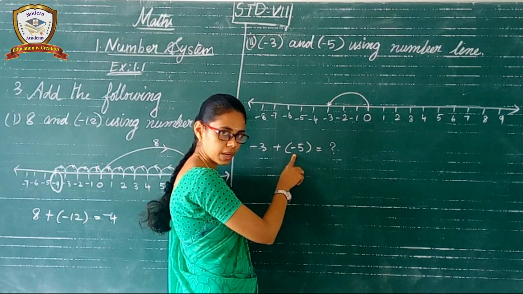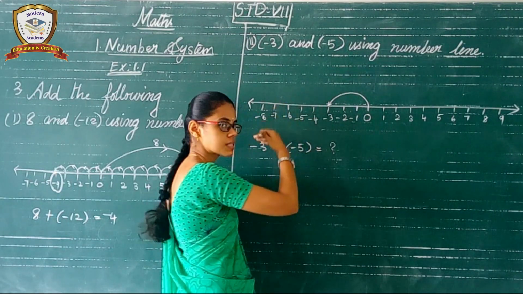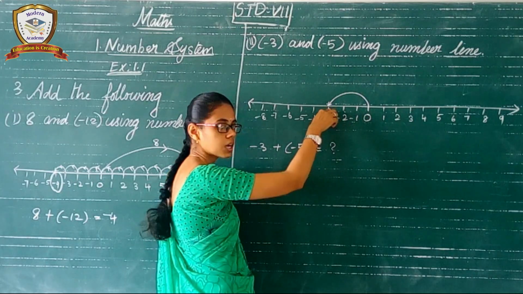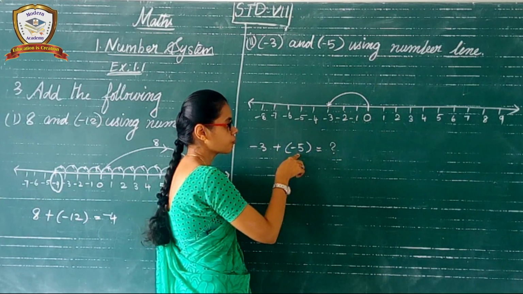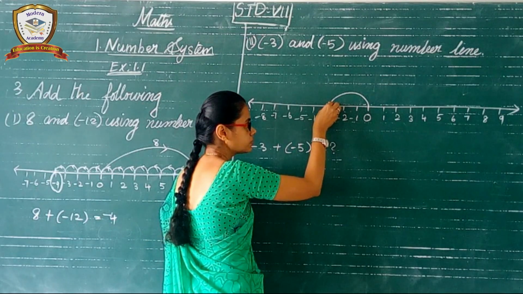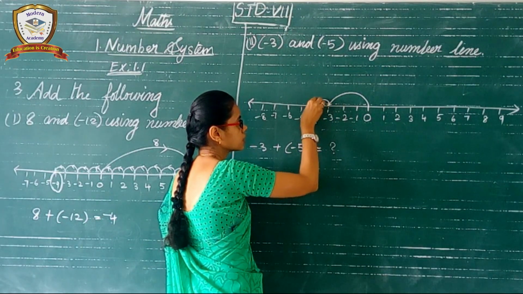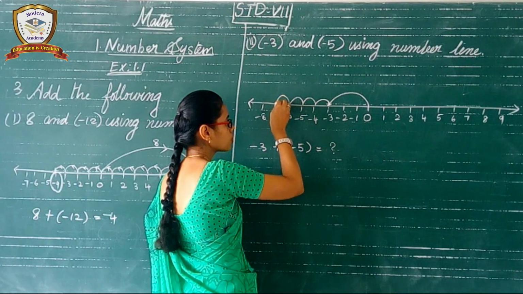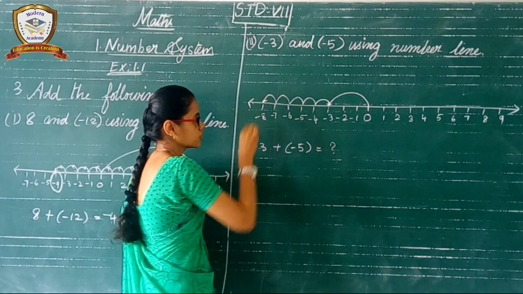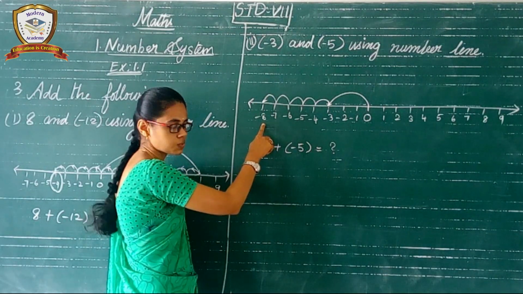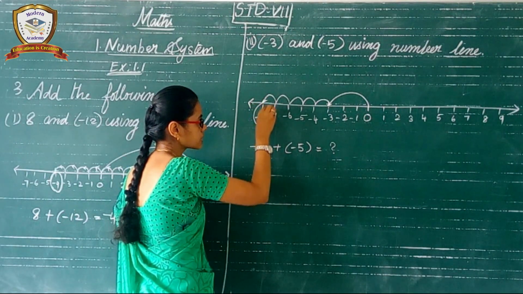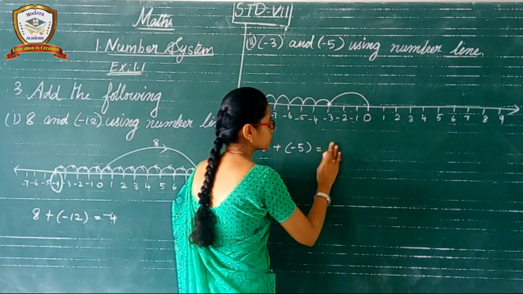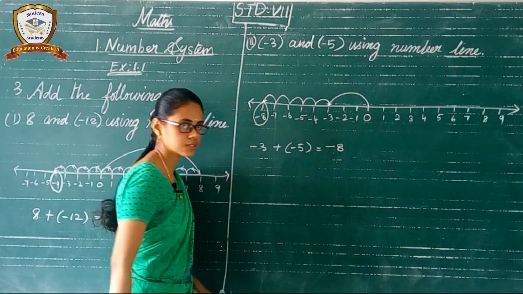Minus means move towards the left side, isn't it? So minus 5 from minus 3 we count. How many units? 5 units: 1, 2, 3, 4 and 5. So this is the minus 5. Final answer, that is minus 8.